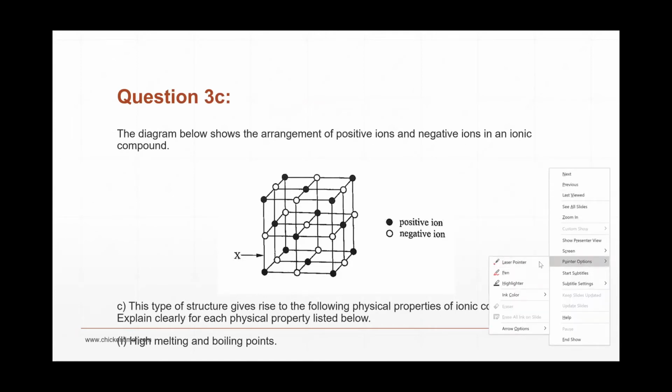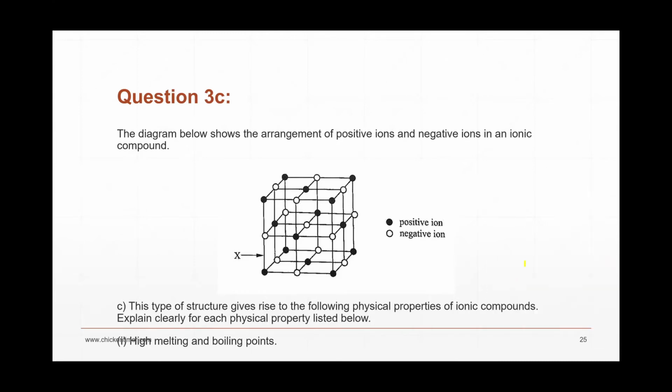Notice this: explain. That means they expect some long answer with more detail. So do you want to type your answer out and then we check if this is the answer?